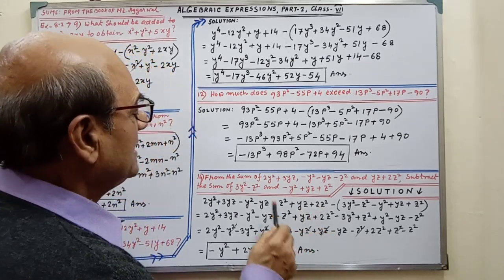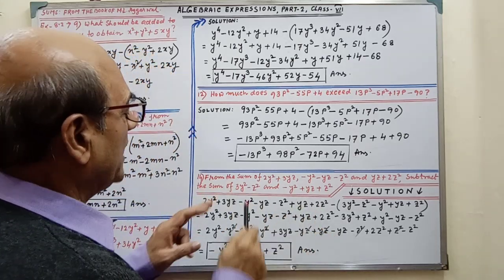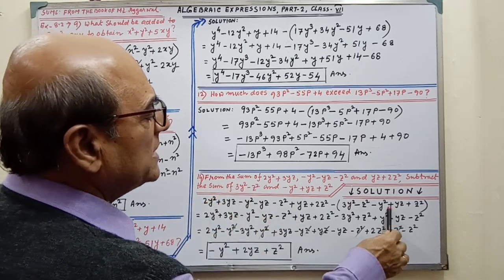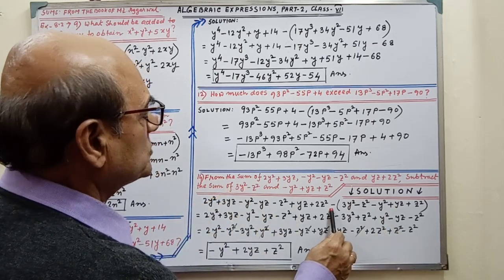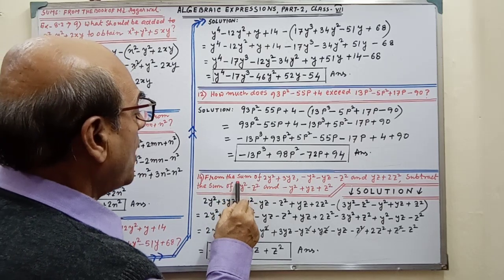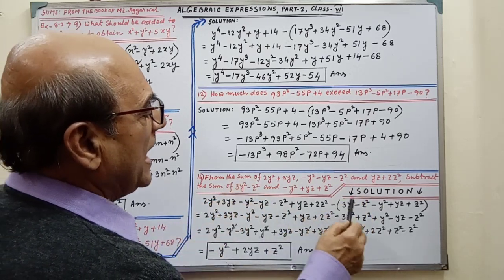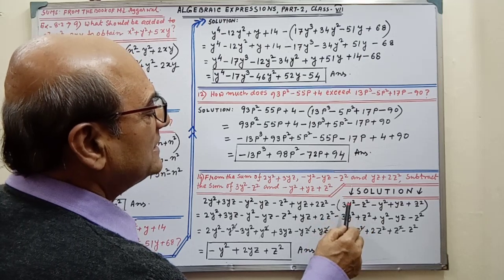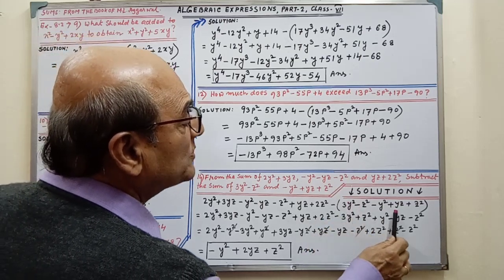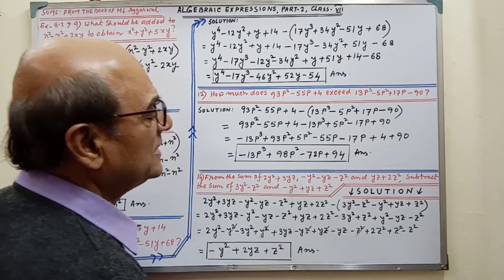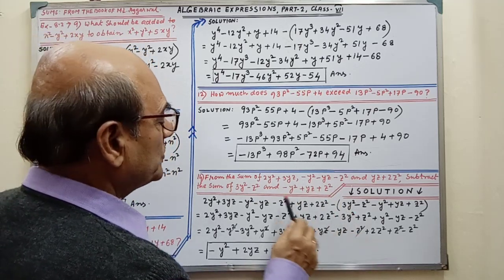After writing this, the sum of this, that means this and this will be the sum, and this part we have to subtract from the sum. This sum will come first and this part we have to subtract from the first. This is why we have to write this.